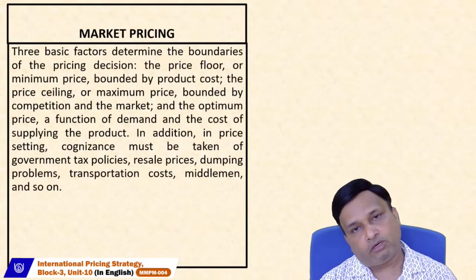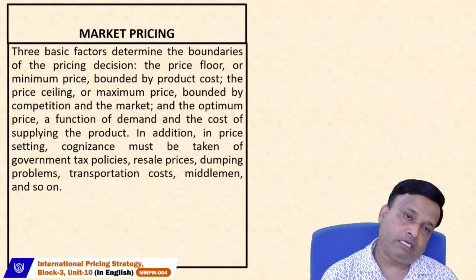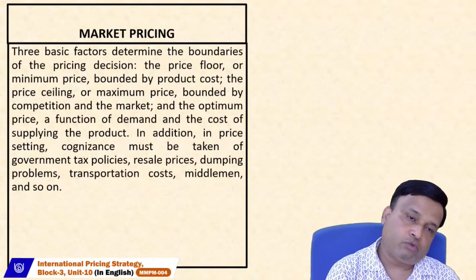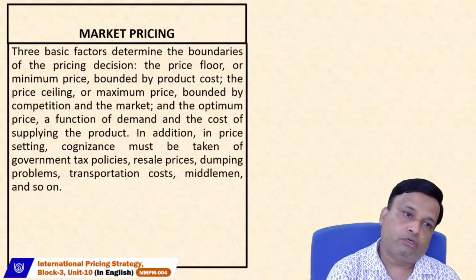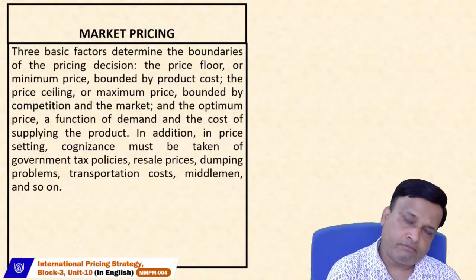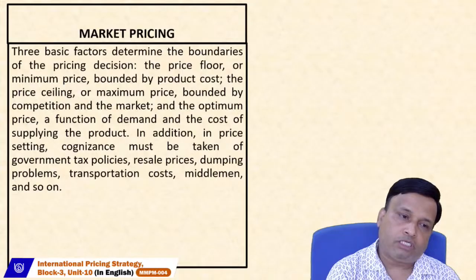Even when you are deciding the price, taking into consideration the production cost and the price ceiling, you still have to take into consideration government tax policies, resale prices, dumping problems, transportation cost, and middlemen also.